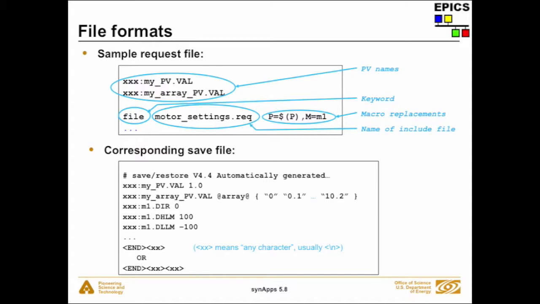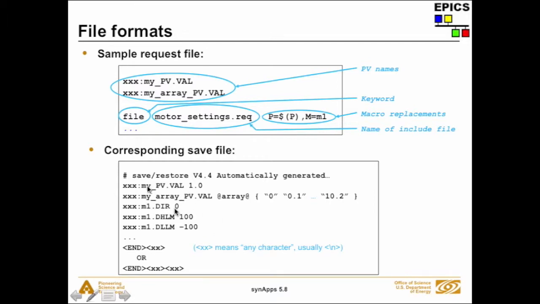So you can have nested file commands. But for these, you normally also have to specify macros. For example, if this really is the motor settings file, there are probably 40 motors in the IOC, and each one gets loaded with the motor database and parameterized with the prefix and the name of that motor, and you need the same thing in the auto settings file.